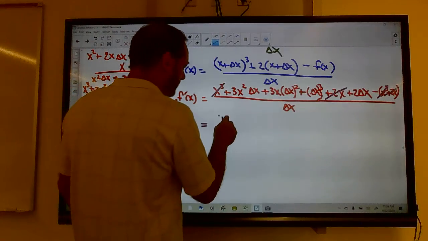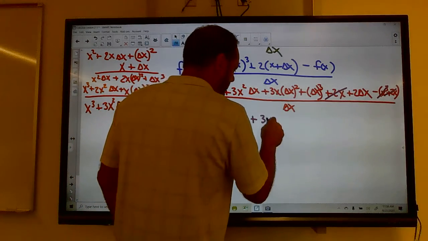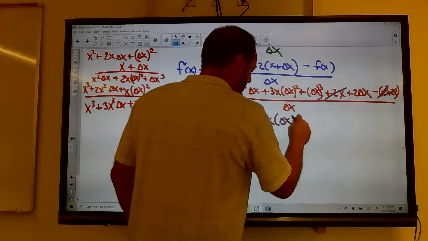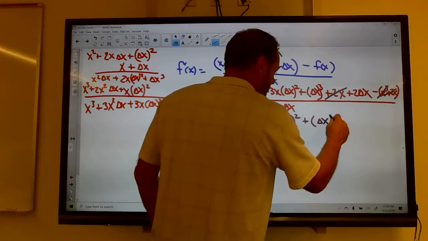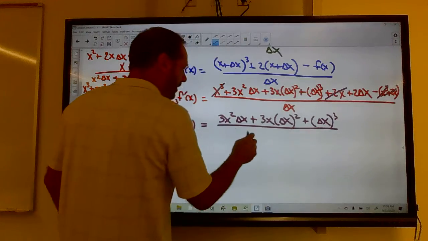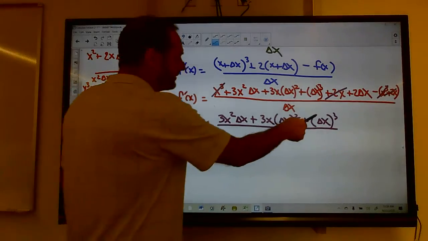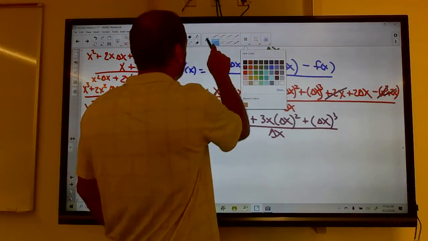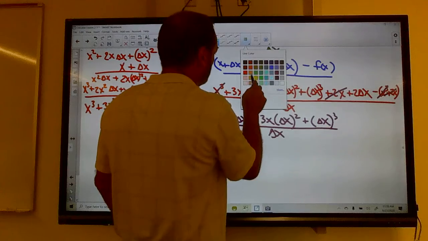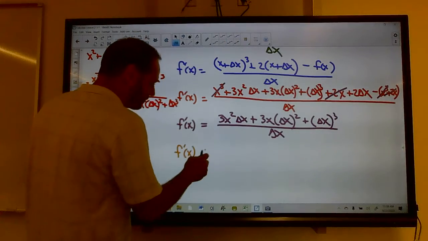This leaves me with 3x squared delta x plus 3x delta x squared plus delta x cubed, all over delta x. Now, there's a delta x in each one of these, so I can go ahead and cancel out a delta x in each one of those terms.